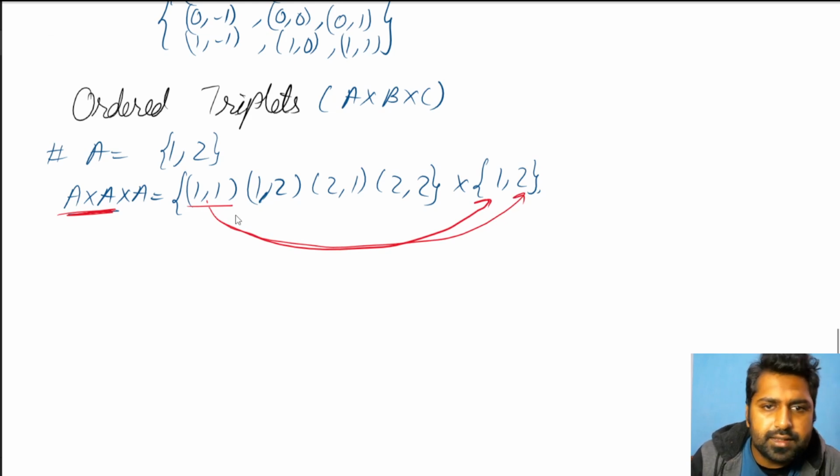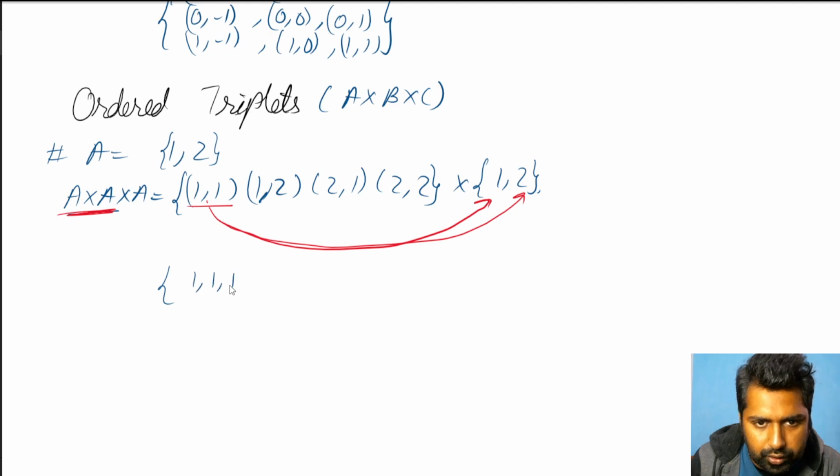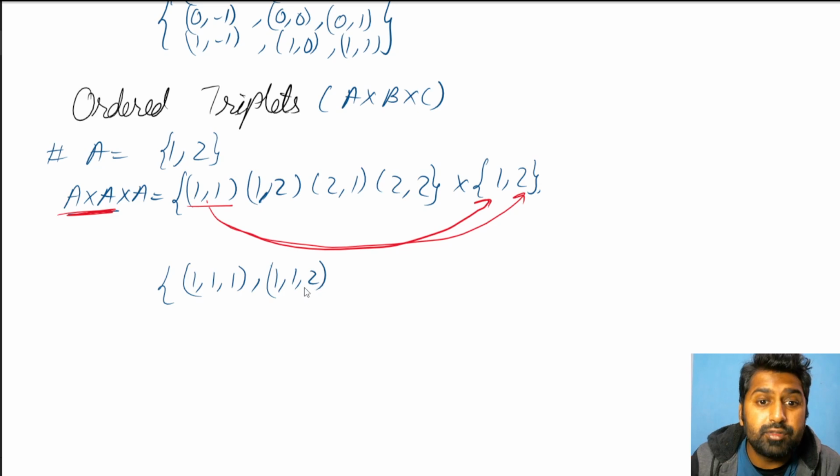So if we combine this 1 comma 1 with another 1, it will become a triplet, 1 comma 1 comma 1. It's looking like a coordinate in 3D. This one again becomes 1 comma 1 comma 2. That's what I've done for the first element only. Now you do it for the second one. The second one was 1 comma 2. Combine it with 1, and combine 1 comma 2 with 2.